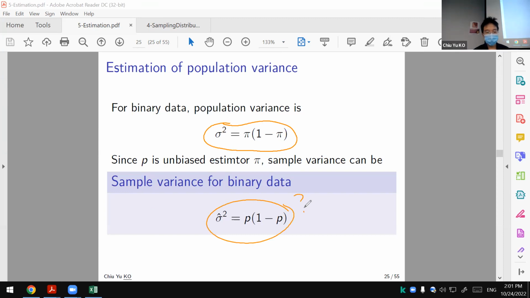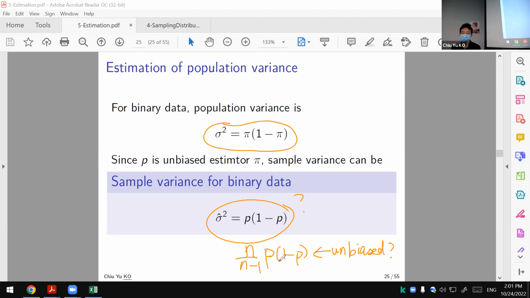Shouldn't we have 1/n with some adjustment n/(n-1)? Should we have this guy? Because this should be the unbiased one, right? Unbiased, so we use this guy.